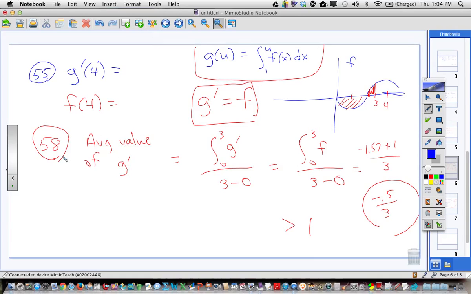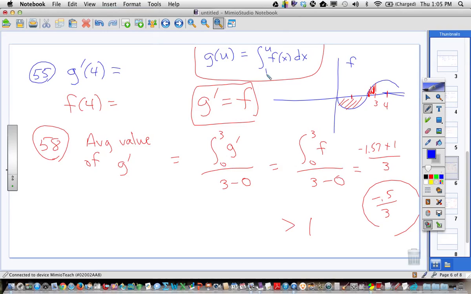56. Does G have a tangent line at x equals 2? Okay. Well, let's change that question a little bit. Let's find the equation of the tangent line and see if we run into any issues.